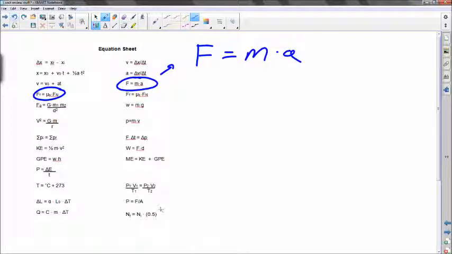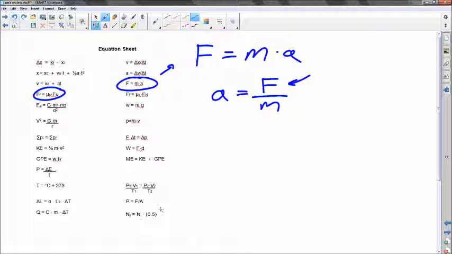The way Newton set it up, actually, was he said, I want to know how fast an object is going to accelerate. Well, what is that going to depend on? It depends on how hard I push on it, so the force, and it also depends on the mass. But it's a relationship, it's a ratio. When I look at how hard I push on it, the harder I push on that object, the more force I put on it, the bigger the acceleration is going to be.